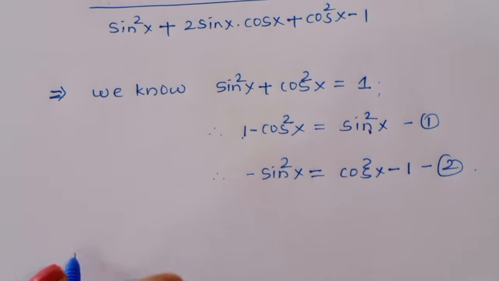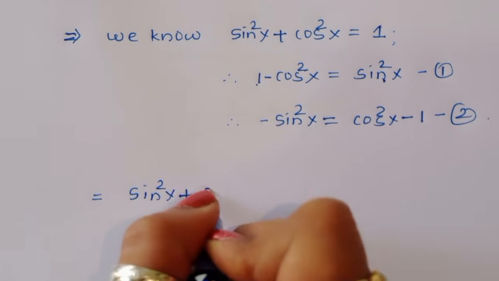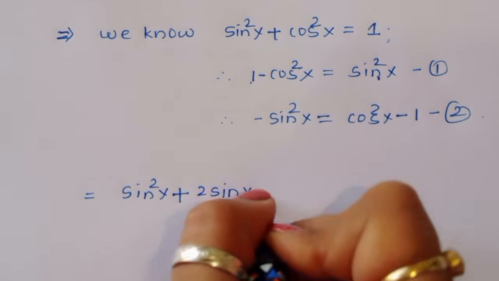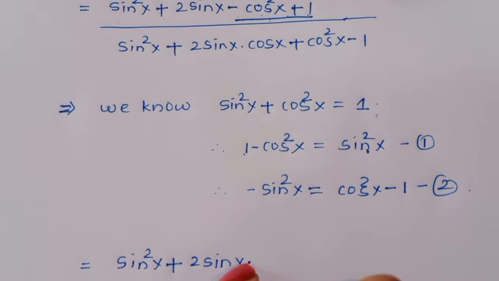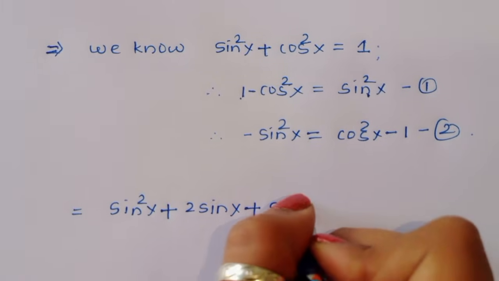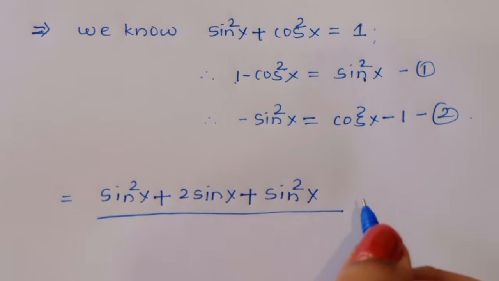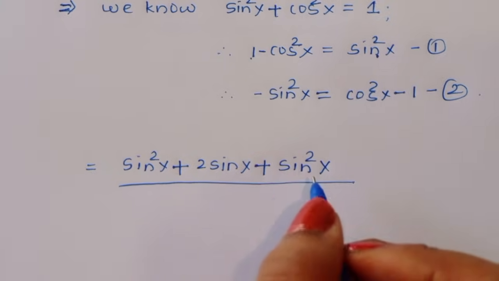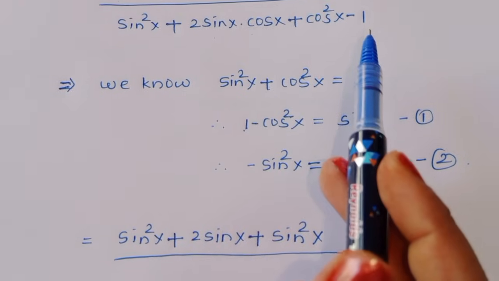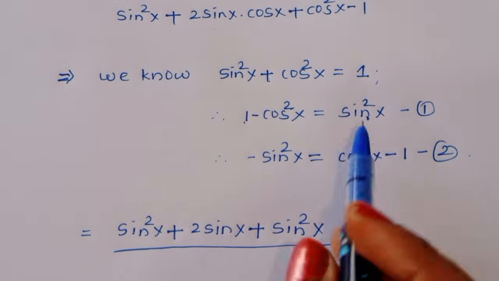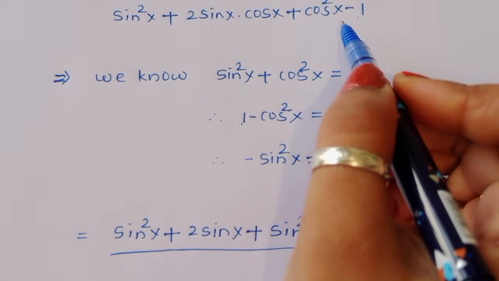So it is equal to sin square x plus 2 sin x, and here 1 minus cos square x is equal to sin square x, so plus sin square x, divided by, in the next term, sin square x plus 2 sin x into cos x. Here we can substitute minus sin square x for cos square x minus 1.